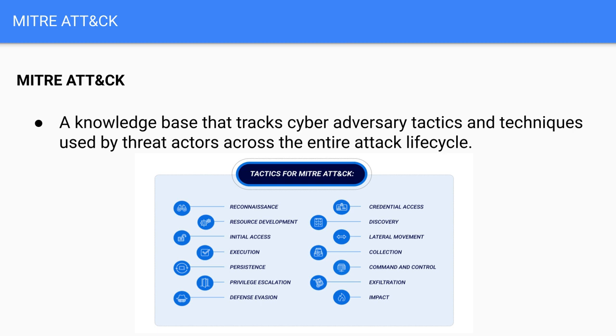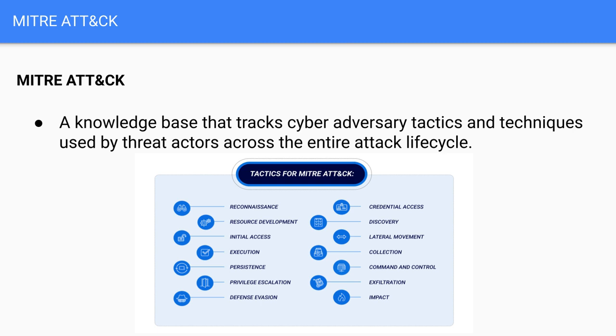MITRE ATT&CK is a framework or knowledge base that tracks all the cyber adversary tactics and techniques used in their operations, it's regularly updated, and it has very detailed information about all the techniques that adversaries will try to perform during the multiple stages of their attack.